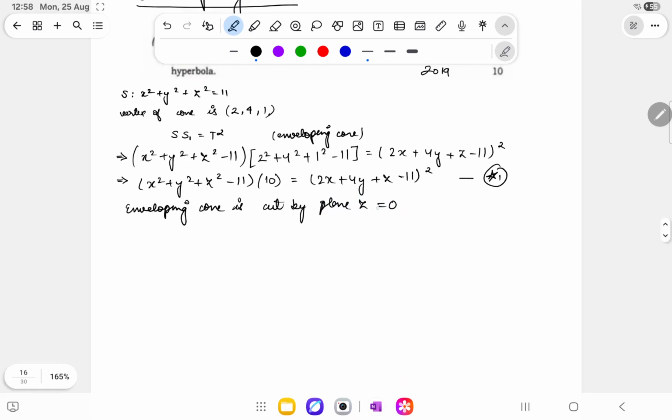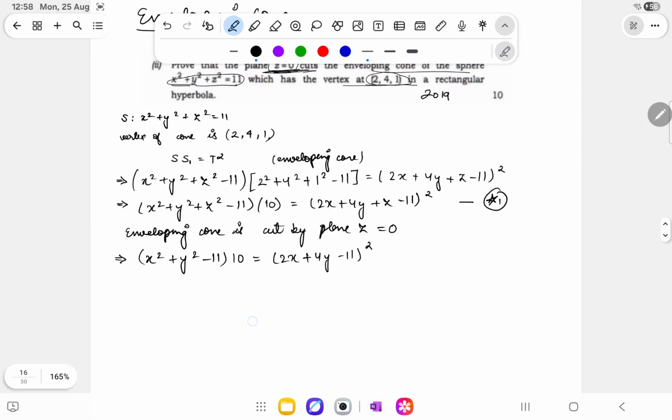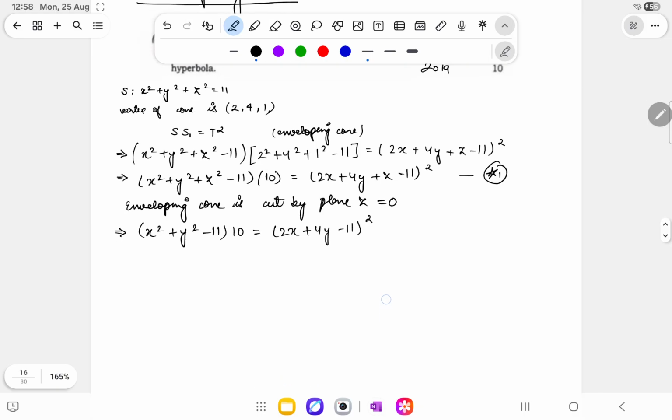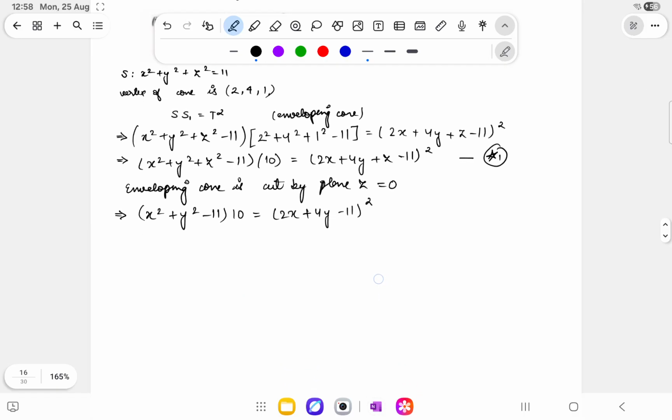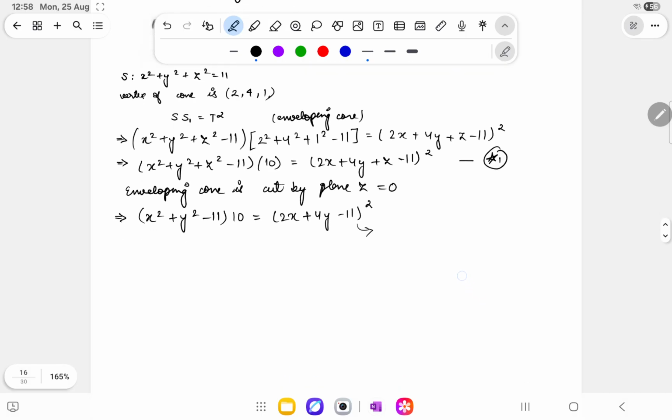When it is cut by the z equals 0 plane, it must satisfy the equation of the enveloping cone. Using that, I get (x square plus y square minus 11) into 10 equals (2x plus 4y minus 11) square. This is the equation of the section that we got when the enveloping cone is cut by plane z equals 0. In the question we are supposed to prove that this is the equation of a rectangular hyperbola.